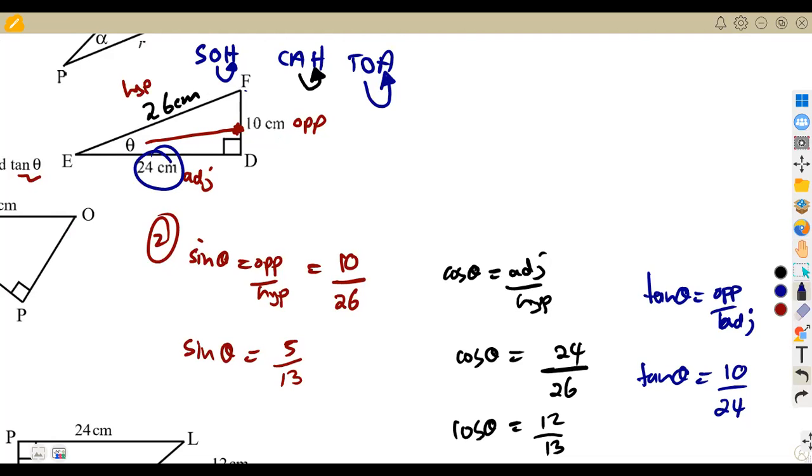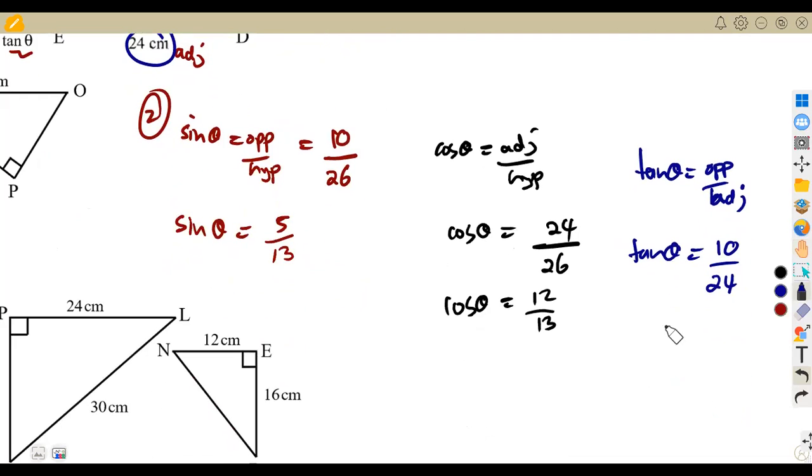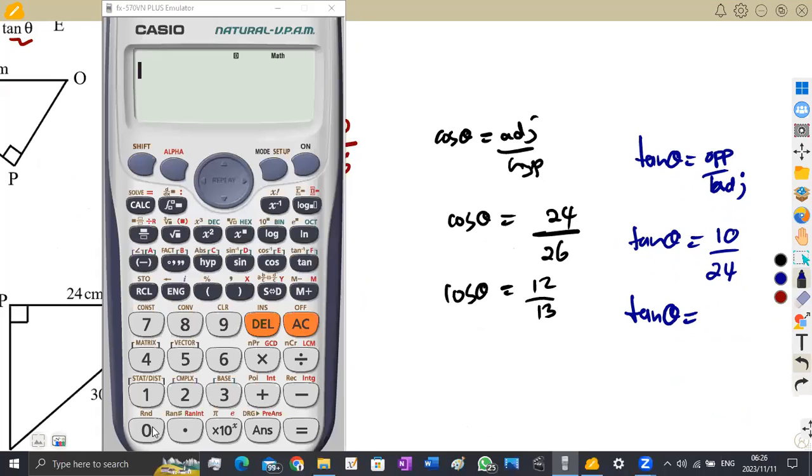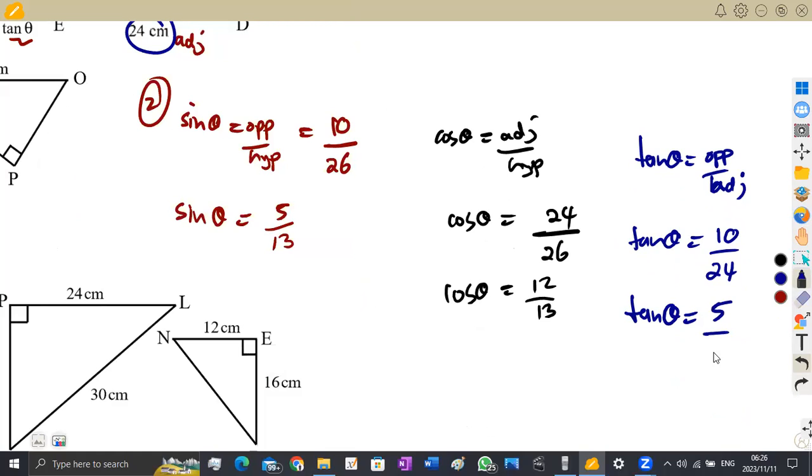So it's going to be 10 over 24, or you can have this in simplest form. From our calculator, we are going to have 10 over 24, which is 5 over 12, in simplest form.